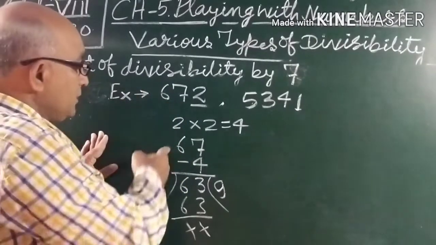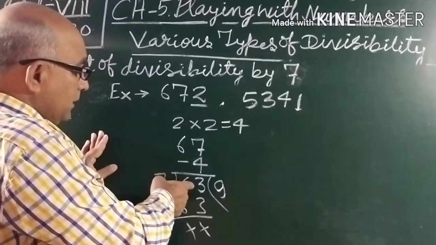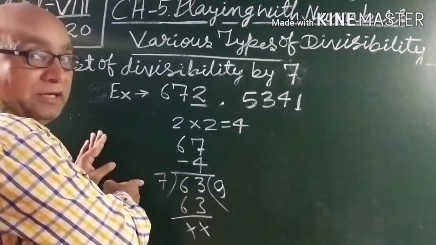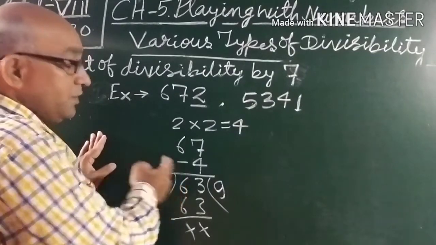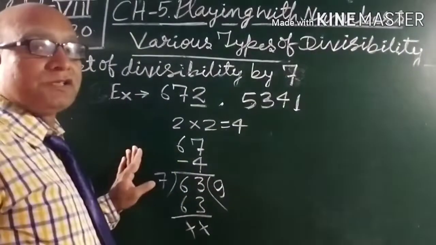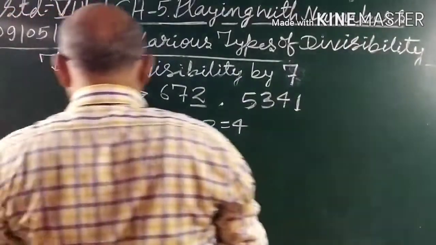So 67 minus 4, the number is 63. Now 63 divided by 7. If 63 is divisible by 7, then the given number 672 is exactly divisible by 7.